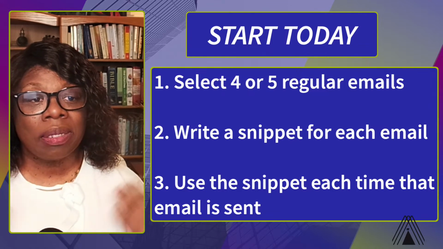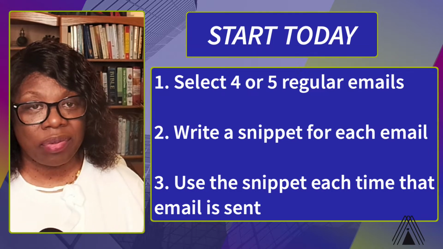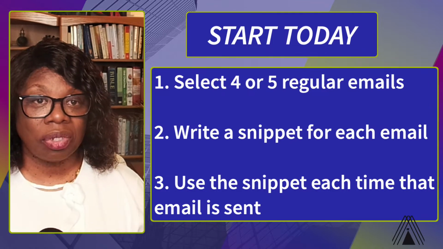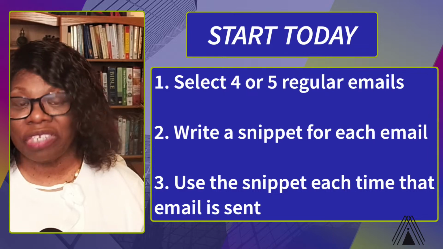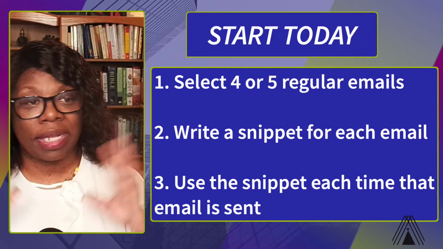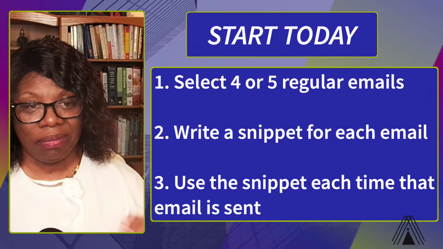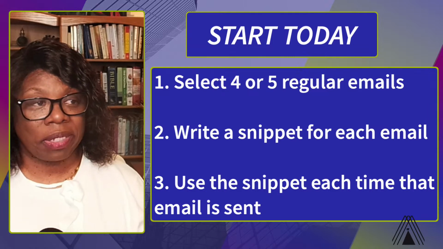So I would say start with just 4 or 5 regular emails. I gave you some examples today. Write a snippet for each of those emails. Write out what you wanted to say, put it in the software, and each time you need to send that email out, use your snippet.